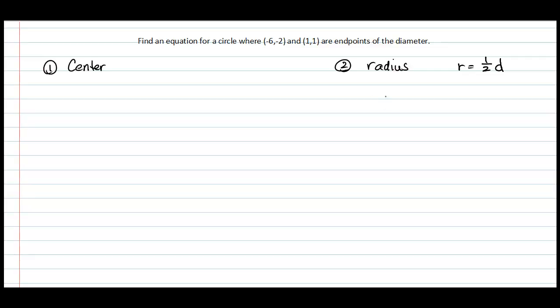So in this case, we're going to use the distance formula to find the diameter by using the square root of 1 minus negative 6 squared plus 1 minus negative 2 squared.